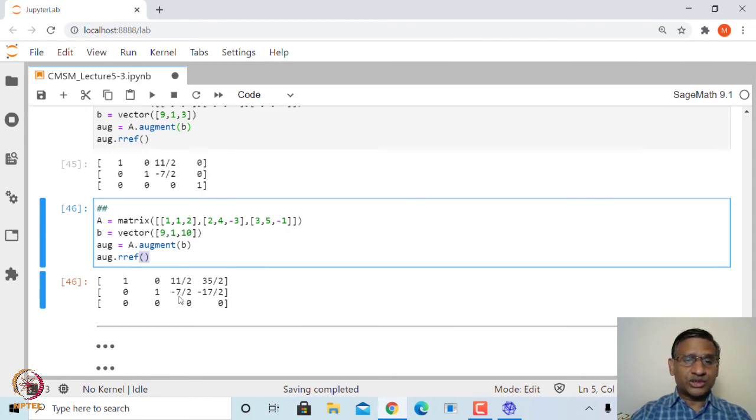But this actually has only 2 equations in 3 variables. So the second equation represents x2 plus minus 7 by 2 times x3 is equal to minus 17 by 2, and the first equation is x1 plus 11 by 2 times x3 is equal to 35 by 2. So there are 2 equations in 3 variables, and it will have infinitely many solutions.